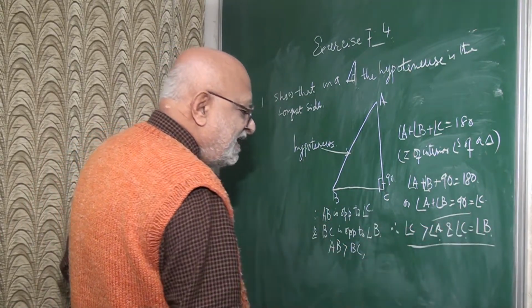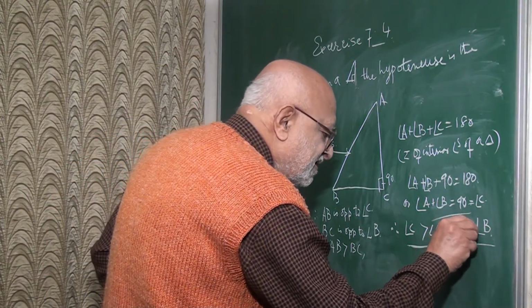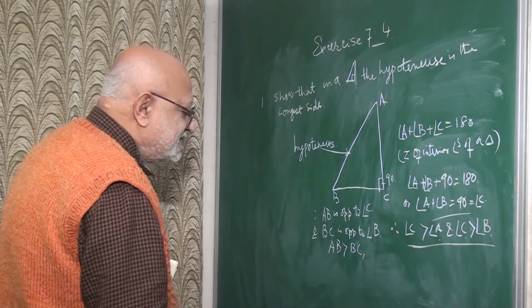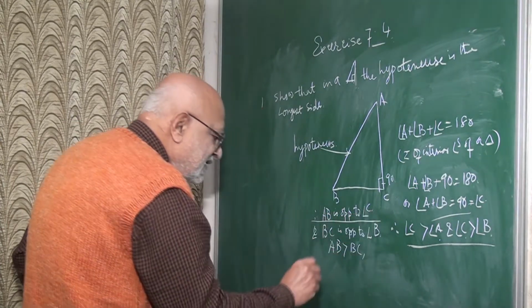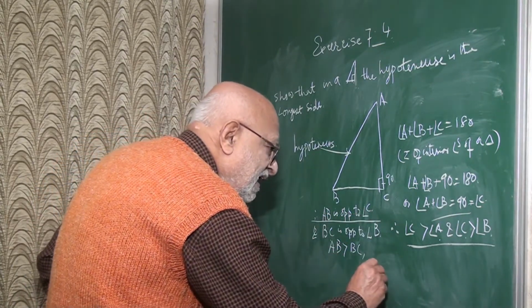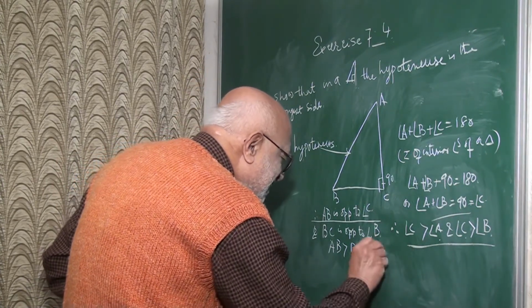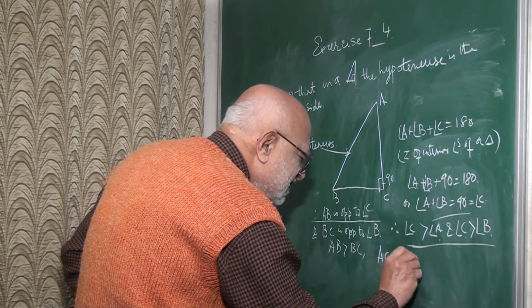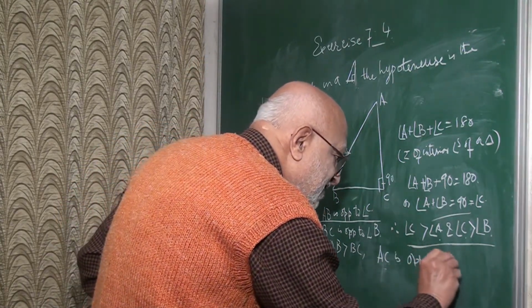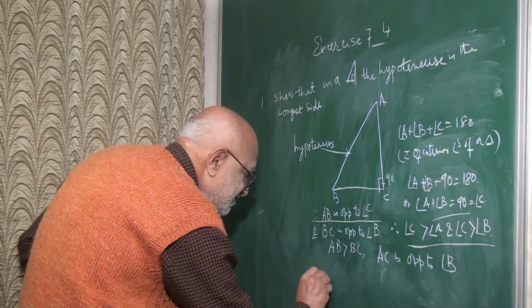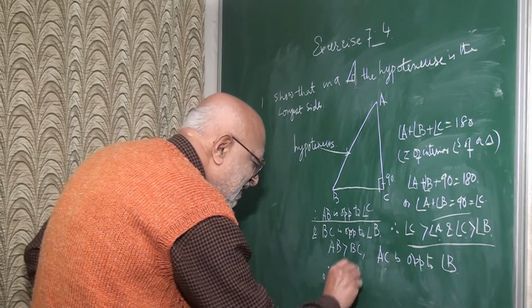Next, angle B. Sorry, I have written here equal to, so this should be greater. Since angle C is greater than angle B, AC is opposite to angle B. Therefore AB is greater than AC.